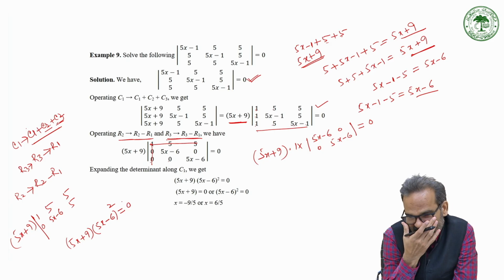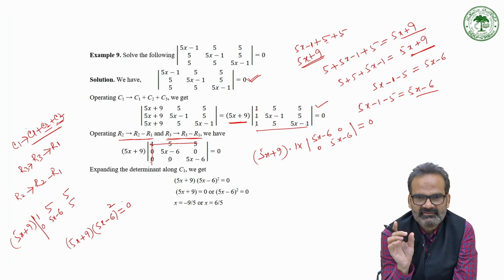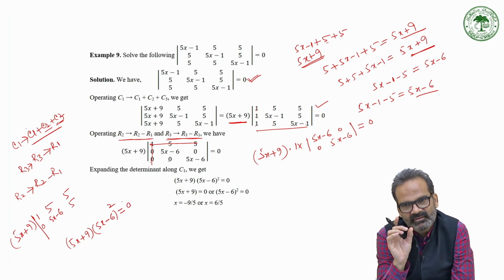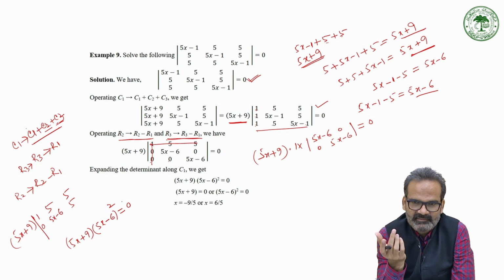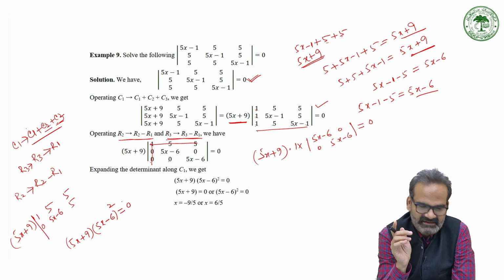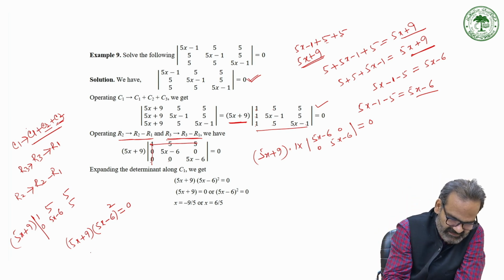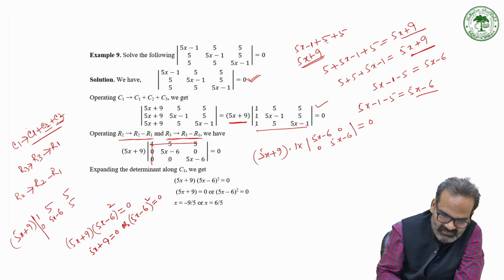And we know from the very basic mathematics, whenever the product of two numbers is 0, then it implies that any one of them must be 0. So this implies either 5x plus 9 is equals to 0 or 5x minus 6 whole square is equals to 0.